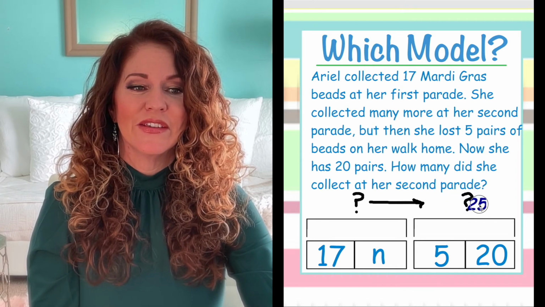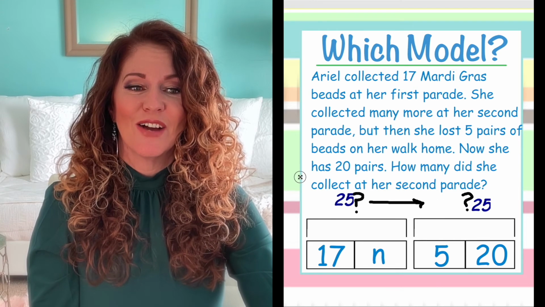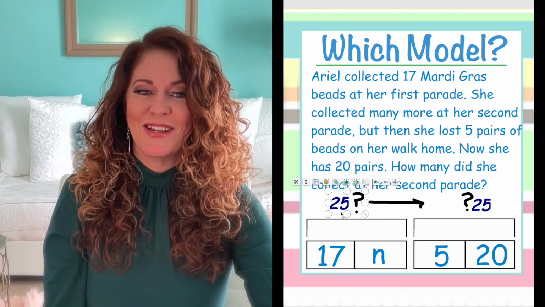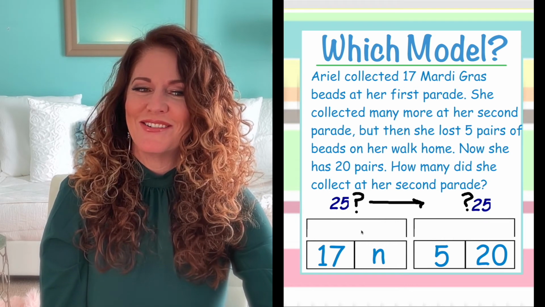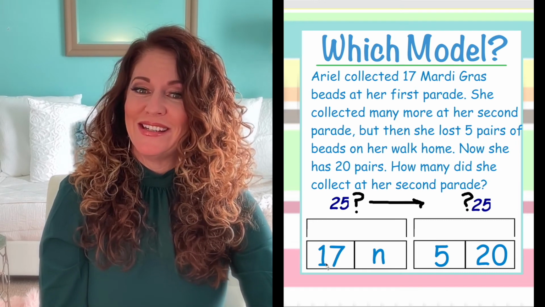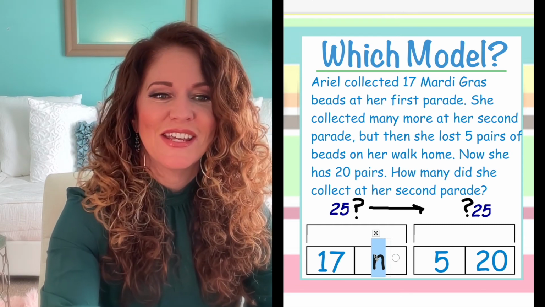And if I know that this question mark actually means 25, I can come over here and plug it in here too. And now that I know this means 25, if I'm missing a part, I just need to subtract. So 25 minus 17 gives me 8. So N actually equals 8.